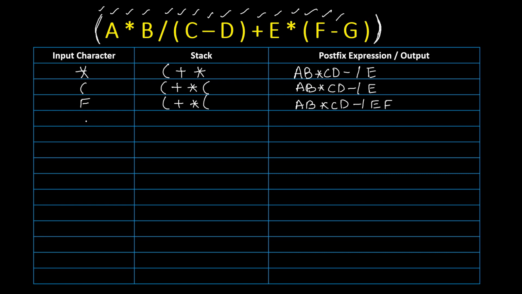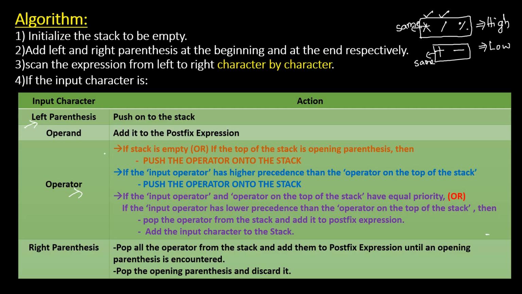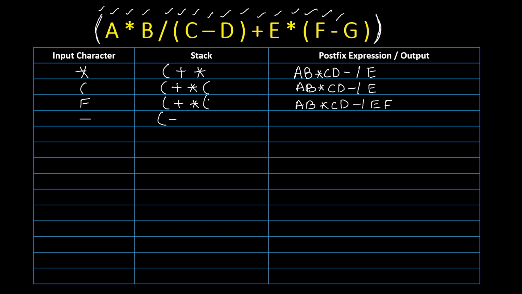Next one is minus. Minus is the operator. So what we have to do? Come to the algorithm and check all these three points one by one. The first point is going to match: if the top of the stack is an opening parenthesis, then push the operator onto the stack. Let's observe here, on top of the stack we have the left parenthesis, so we have to add this minus onto the stack, and there is no change here.